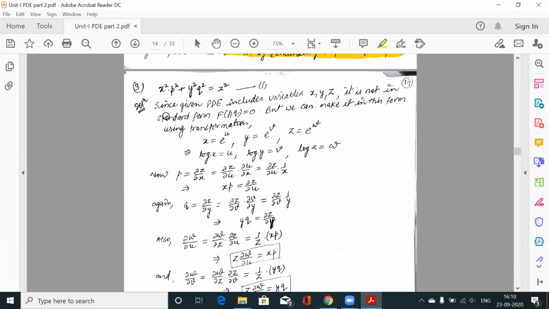Like in this equation, since the given PDE includes variables x, y, z, it is not in the standard form f of p, q is equal to 0, but we can make it in this form using this transformation. So this is the transformation using which we can make the given equation in standard form 1. This is not the unique transformation, means for this question it will work, but for other questions it may work or it may not work. So the transformation is not unique.